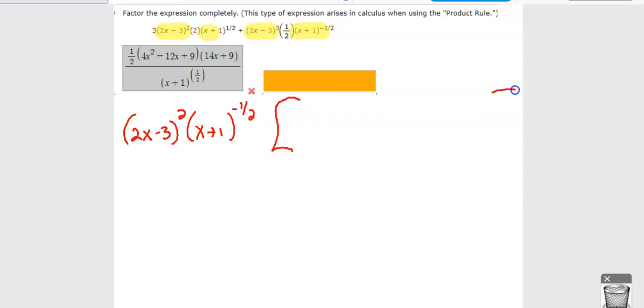And then what remains, you still have 6 and x plus 1. And again, if you think of this, let's just say x to the negative 1/2. I'm just showing you that this works. So x times negative 1/2 times x.